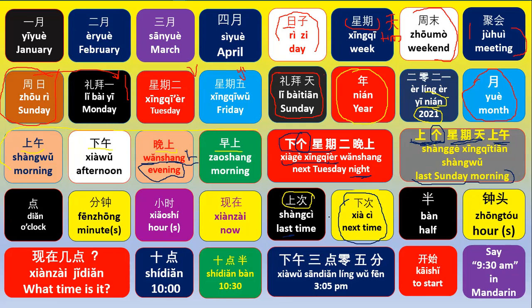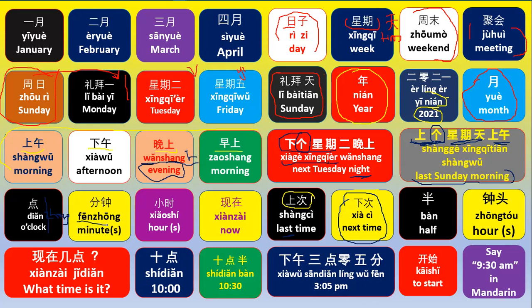Good. I think we covered much of what we could do today. We still have about 2 minutes to conclude our hour, so we can touch on a few words. I think we touched on dian earlier. You remember o'clock? We said you can say dian or dianzhong.